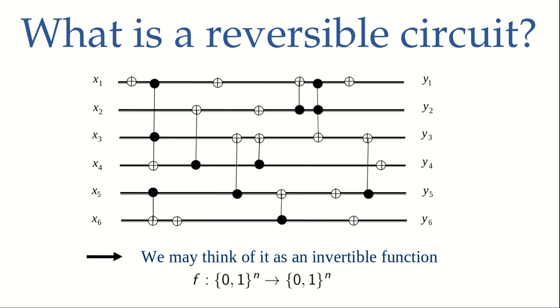So for example, a NOT gate is reversible because if we know the output, then we can deduce what the input was.